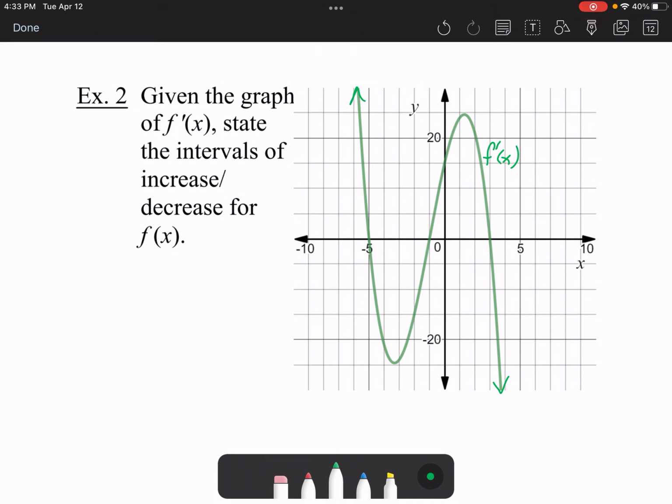We can see it's 0 at negative 5, at negative 1, and 3. We can see f prime of x is positive in this domain, negative in between, positive in between these two values, and negative after this.